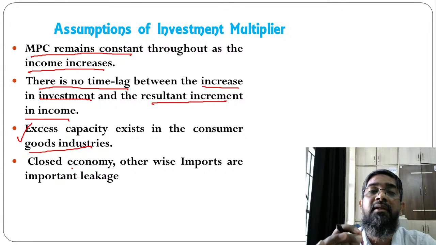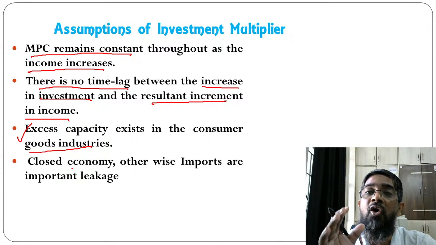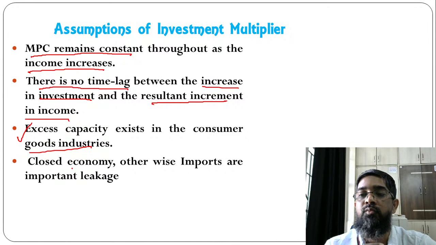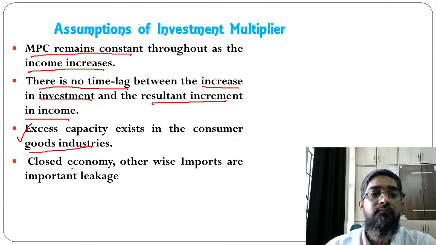There will not be a real rise in income, and that will reduce the size or magnitude of investment multiplier, that falls down. Okay, so there must be excess capacity.